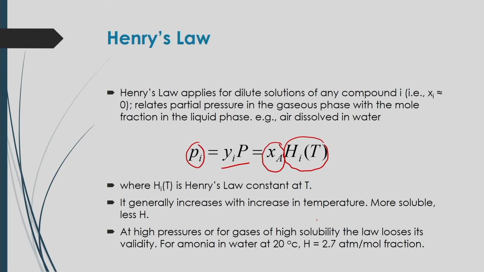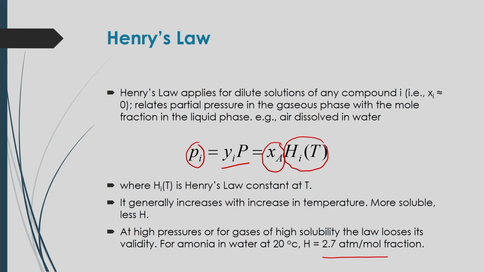At higher pressures or for gases of high solubility, the law is not valid and loses its validity. For ammonia in water at 20 degrees Celsius, Henry's law constant is 2.7 atmosphere per mole fraction.